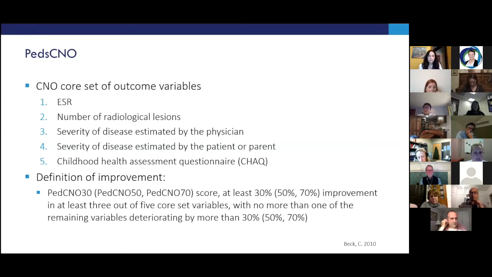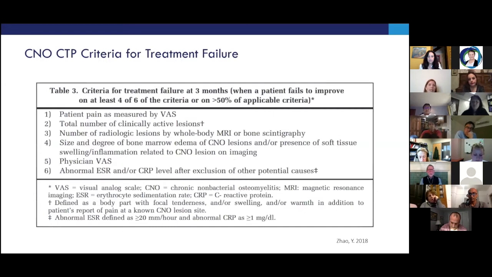Through this, the definition of improvement would be, with a PED CNO of 30, 50, or 70, meaning 30%, 50%, or 70%: at least 30% improvement in at least 3 out of the 5 core set variables, with no more than 1 remaining variable deteriorating by more than 30%, would be the definition for improvement by a PED CNO 30.